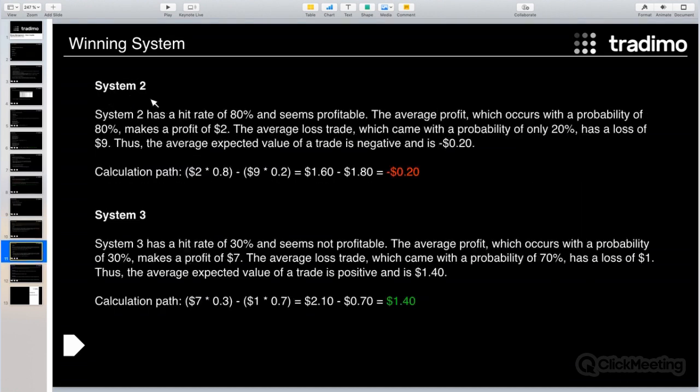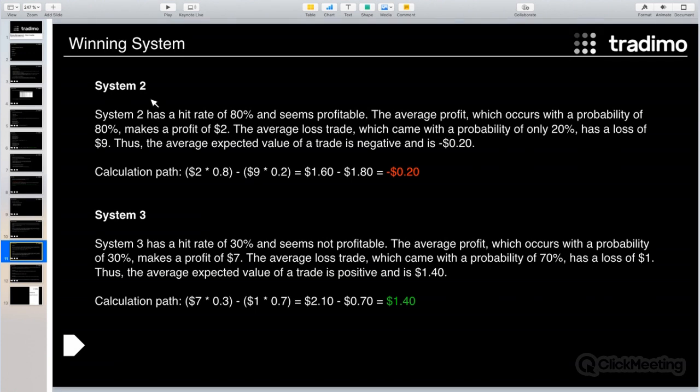But of course we have some other ones. For example, the second system, which at first sight was the best one with a hit rate of 80%, but we didn't know anything else about the system. Now let's say the average profit is $2. So in 80% of the trades we have an average win of $2, and the average losing trade is $9.